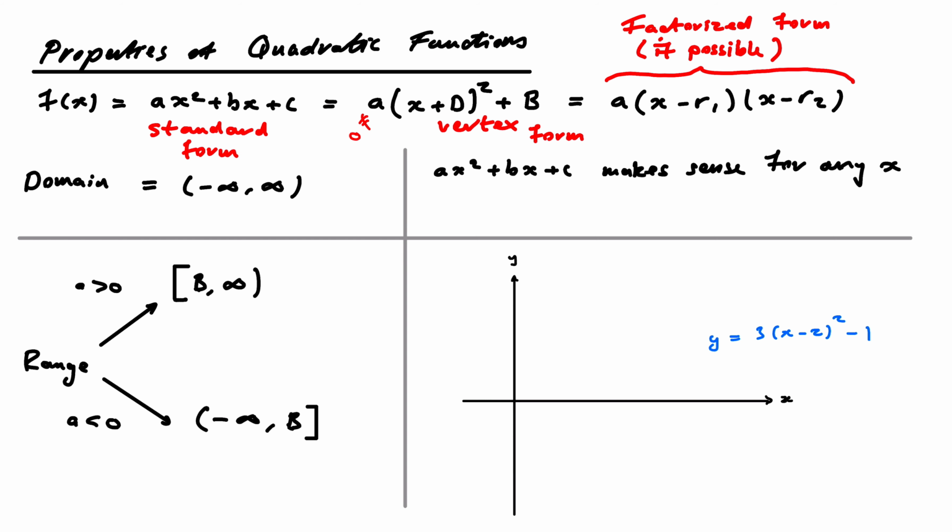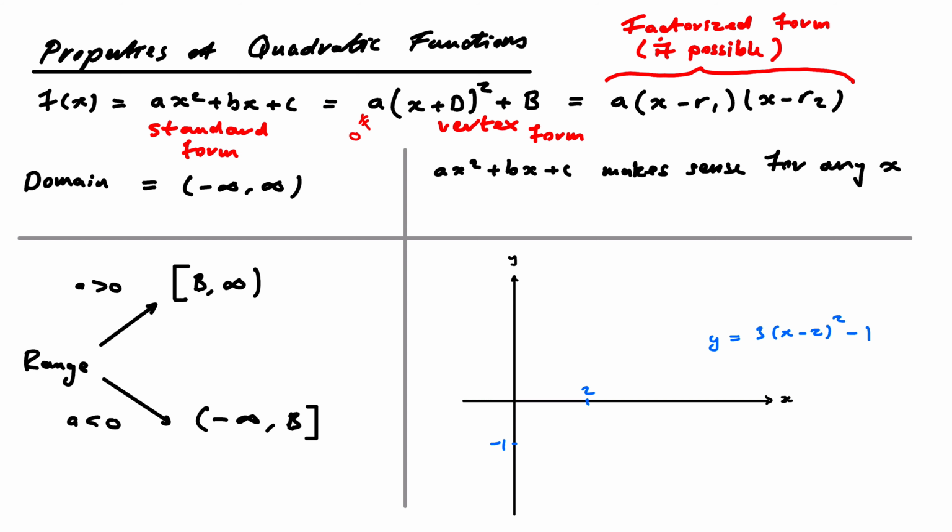Well, if I took the time to work out what this graph looks like, I would have a lowest point at minus 1, and it would be centered at 2, because I'd have had to move to the right by 2.